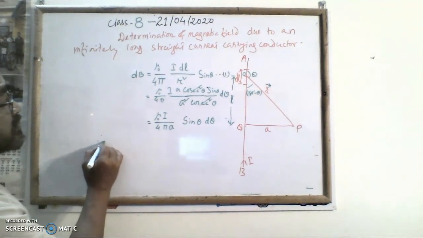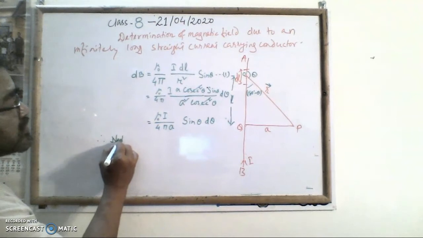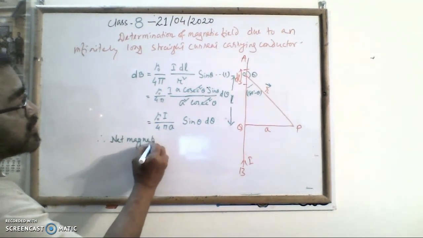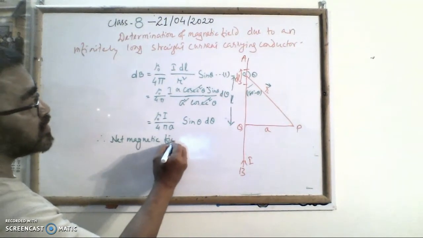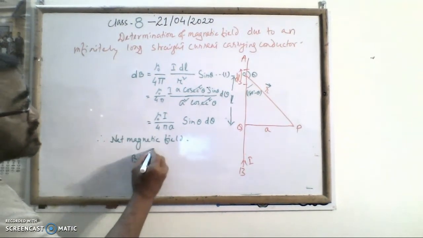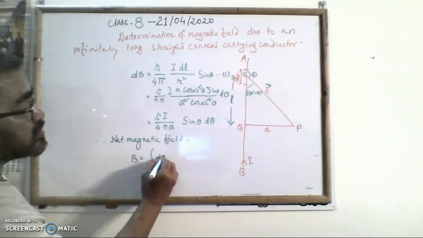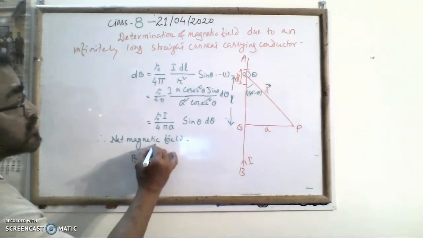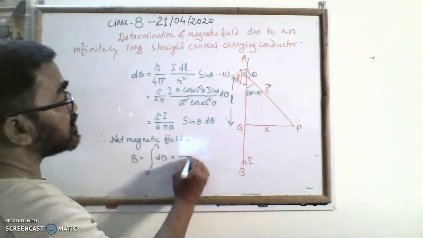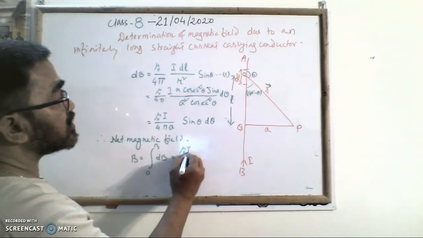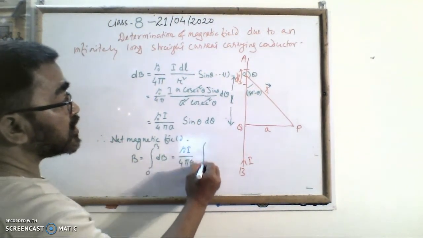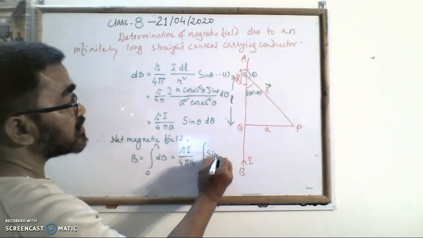Therefore, for the net magnetic field we are to integrate, B is equal to integral of dB. Mu naught I by 4 pi A is a constant quantity, we have to integrate sin theta.